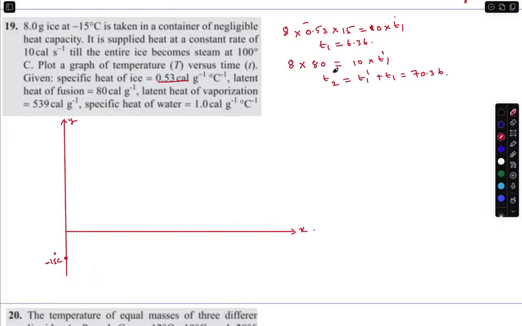I repeat, mL is 10 T1. The T1 is 64, already 6.36. So this works out around 70.36. So this is one interval T1.